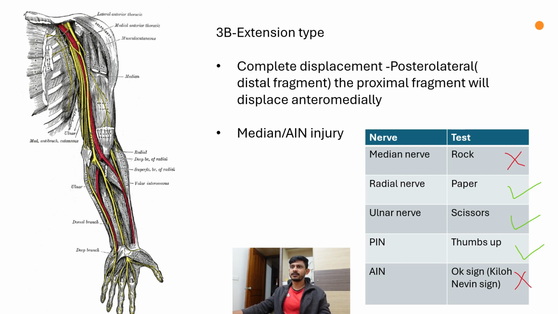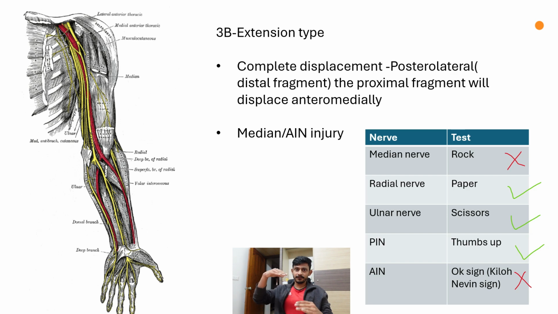And so if the spike of the proximal fragment goes anteromedially opposite to the distal fragment, it can damage the brachial artery and also the median nerve. And since the median nerve is a more superficial structure, the anterior interosseous nerve tends to take the brunt of the injury as it is a deeper structure.